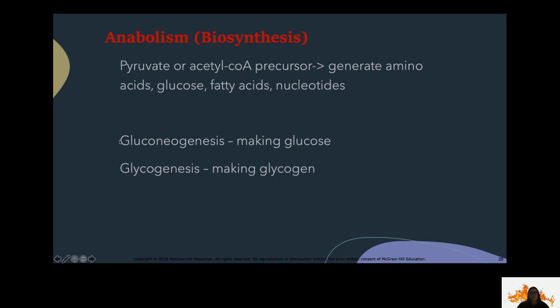There are two types of sugar metabolism: gluconeogenesis, when cells are desperate for energy, they can actually make their own glucose, or glycogenesis, when cells will have excess glucose, they can store a few more extra molecules in the form of glycogen. And so this is actually something humans will do to store extra energy in their tissue. Now, these are concepts that are covered again in the metabolism section of A&P.